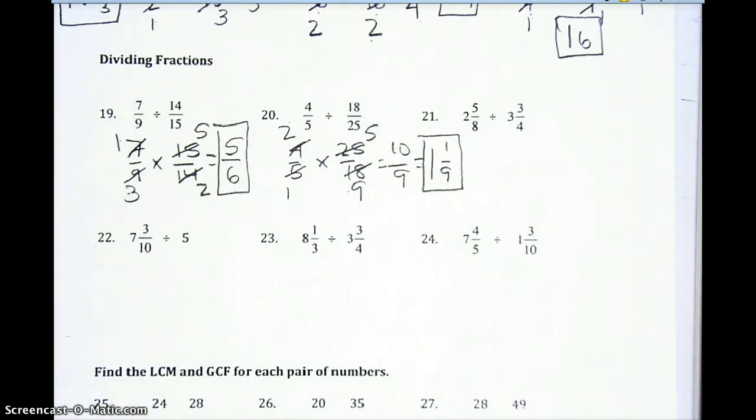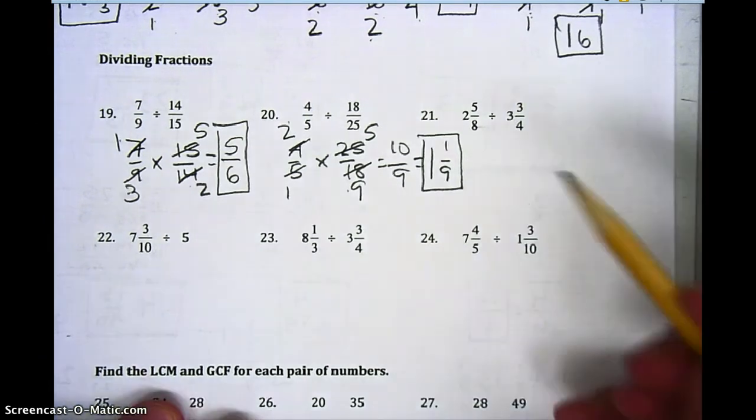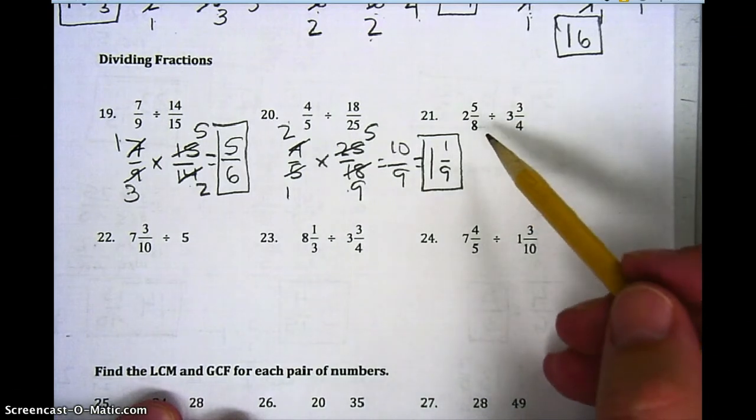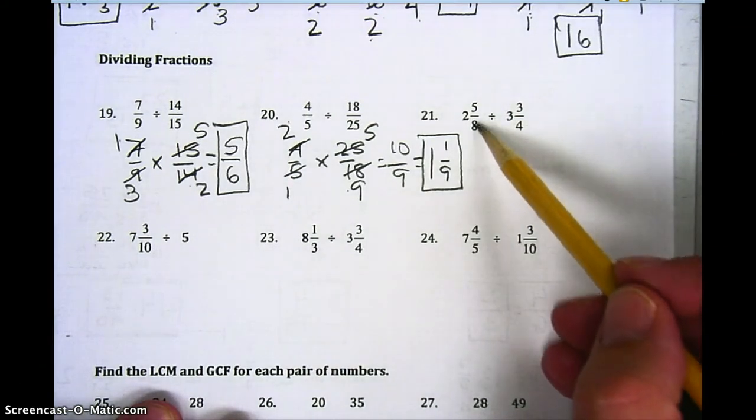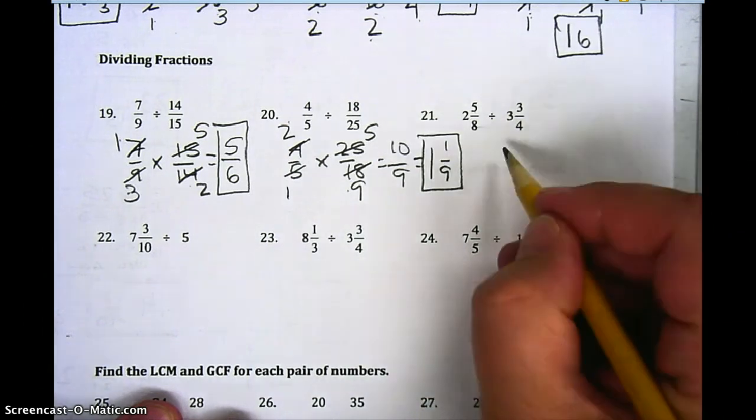Okay, now we're going to do some that are a little different. When I have mixed numbers, I have to do just like I did with multiplying. I have to change the mixed numbers to improper fractions. Then I have to invert, and then I can multiply. So if I'm doing this one, let's change the mixed numbers to improper fractions. 8 times 2 is 16, plus 5 is 21.